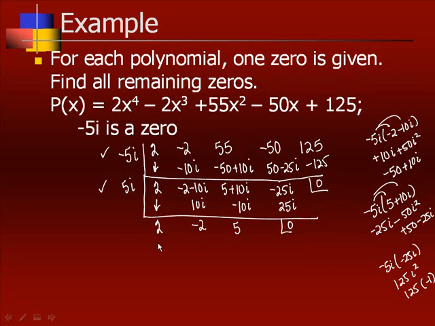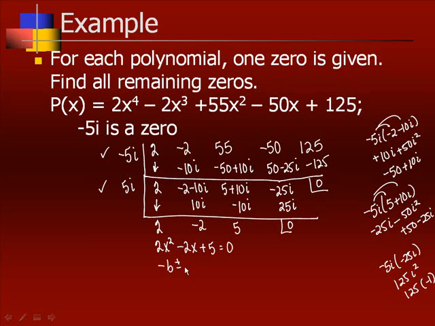There's a second zero. Now if this was x to the 4th, this is x to the 3rd, so this is x to the 2nd. So this is 2x squared minus 2x plus 5 equals 0. So the question is, will that factor? Probably not. So let's do quadratic formula on it.